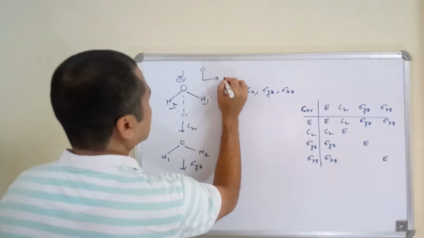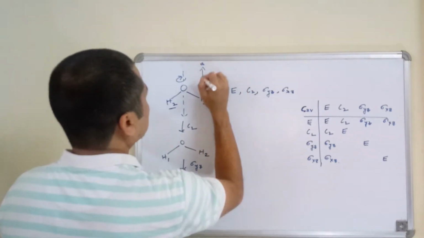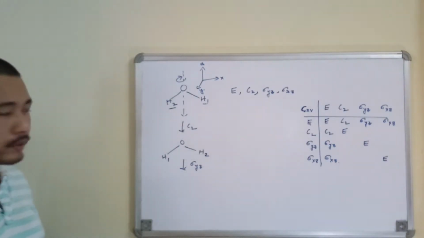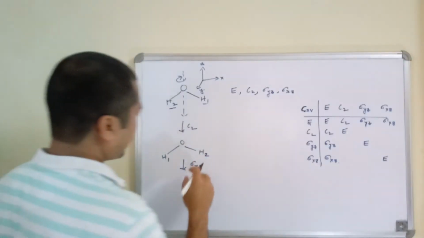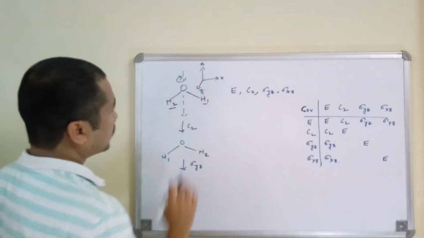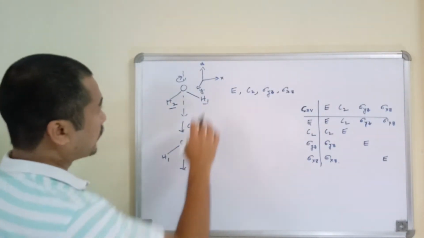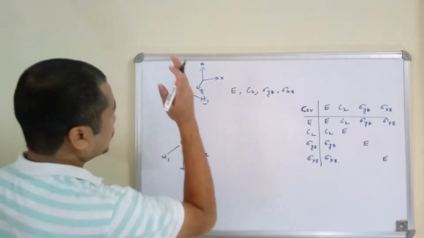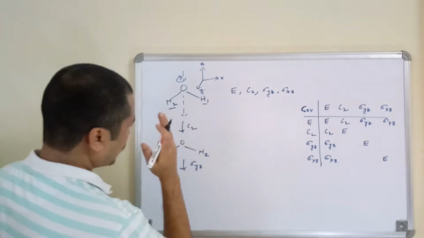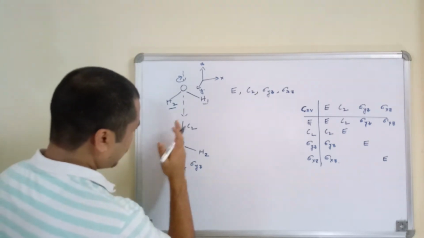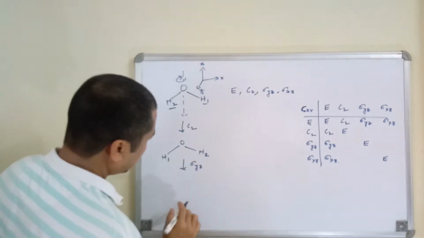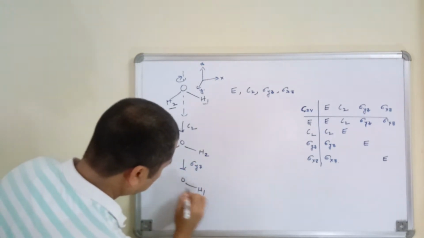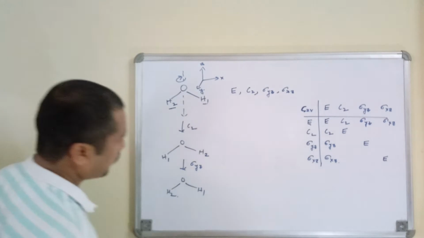Our reference axis should be there, otherwise we may confuse between different reference planes, and that is the reason why we should have the reference frame here. So when we do sigma yz, we will be bisecting the molecule in this way using that molecular plane, and H1 will go this side again, H1 and H2.